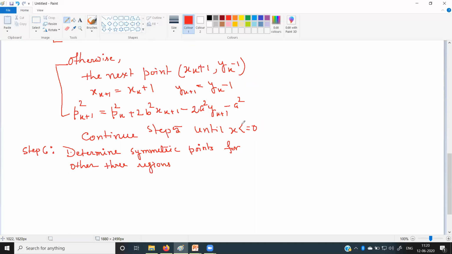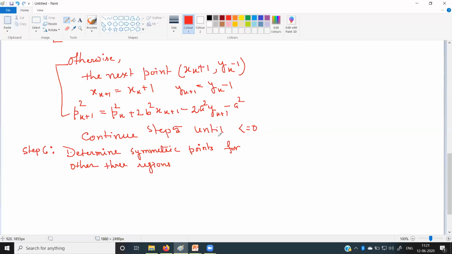Okay. Another thing, I just made one mistake. I just wrongly wrote it. It will not be X, it will be Y, because we are decreasing the value of y, not the value of x. So we will start from the end point of region 1, then we will compute all the points.